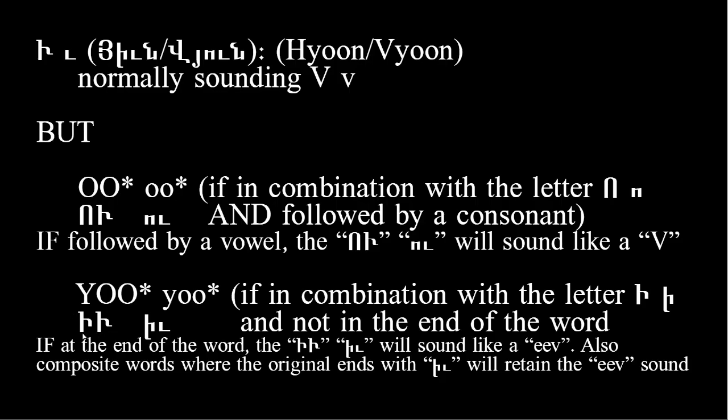Be careful here, they look very similar, so Hyun just has an added appendix. So if in combination with the letter Ini, and not in the end of the word, it gives a U sound. If at the end of the word, the Ini and Hyun will sound like an Eve. Also, be careful of some composite words where the original ends with Eve, where the Eve sound will be retained.